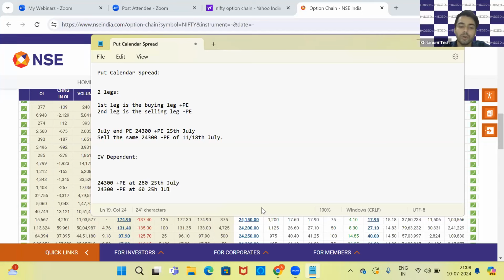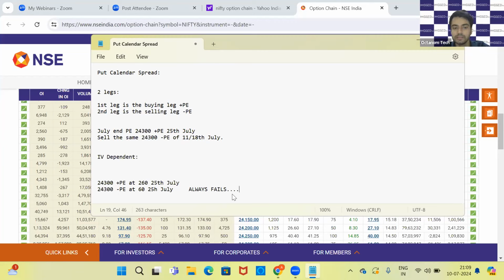Now if you go and check the definition of put calendar spread, you are going to get this, where you buy a strike of a far expiry and you sell the same strike of a near expiry. And honestly, trust me, if people who have been trading, who have some basic idea of options, have actually ever taken a put calendar spread, this always fails.